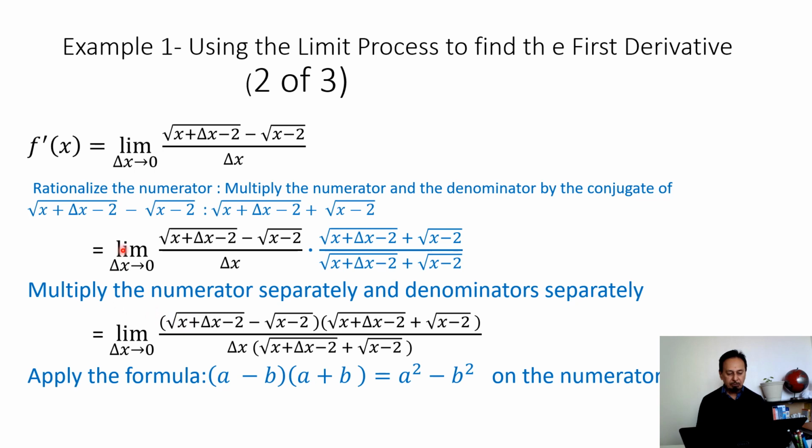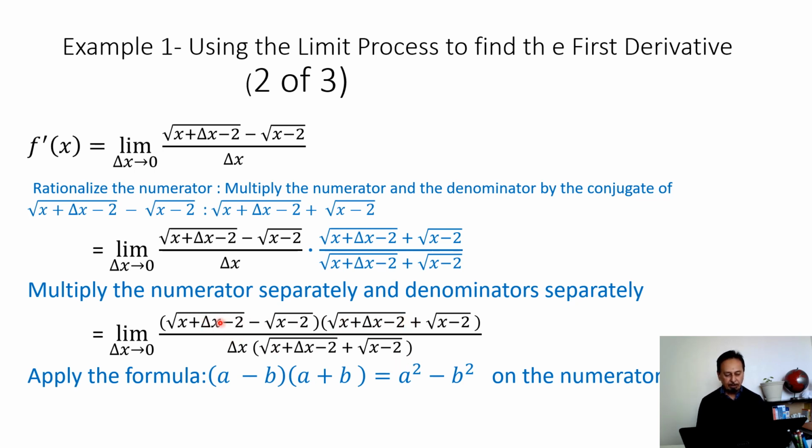So this becomes limit delta x approaches 0, the square root of x plus delta x minus 2 minus the square root of x minus 2 times the square root of x plus delta x minus 2 plus the square root of x minus 2 over delta x times square root of x plus delta x minus 2 plus square root of x minus 2.